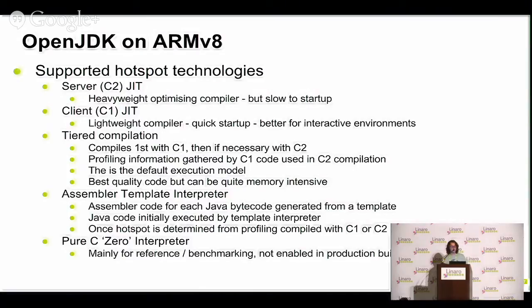And then there's the pure C++ interpreter, which you can run anywhere. There is no architecture-specific code in that, and that's also quite useful as a reference point. In some cases, I've used it just to verify that there is a problem, say, in the OpenJDK tree, in terms of the hotspot, the C2 or C1 compilers.